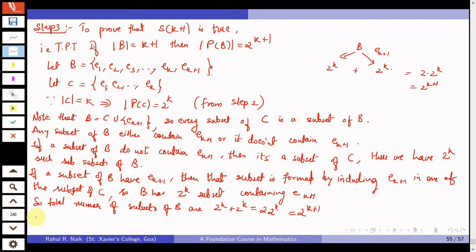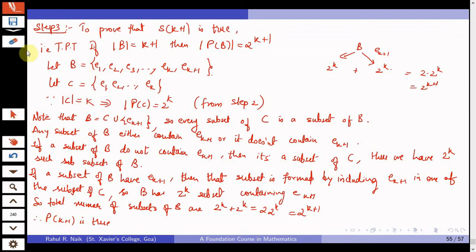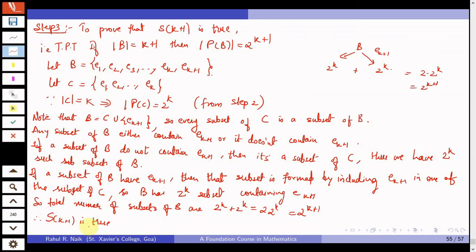This shows that P(k+1) is true, that is S(k+1) by our notation, the statement S(k+1) is true, and this implies that S(n) is true by the principle of mathematical induction. So in this way we prove the result using the idea of combinatorics.